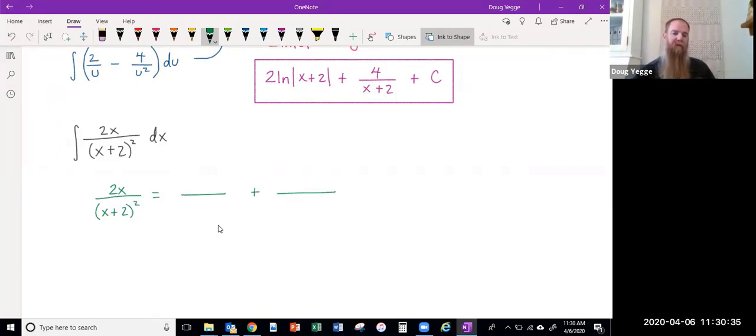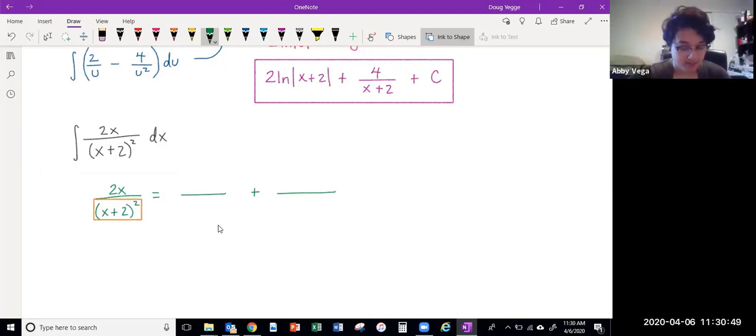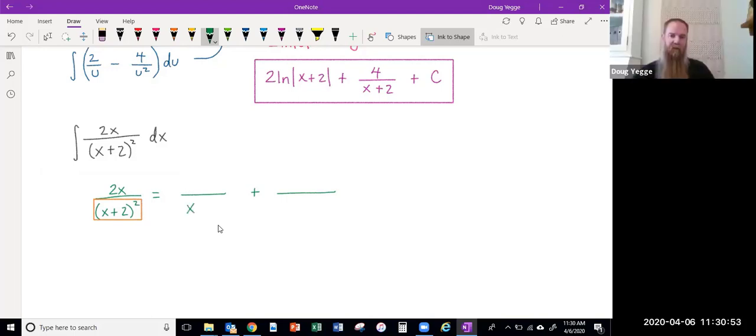So how would I add fractions together to somehow get x plus 2 quantity squared in the denominator? You could have a over x plus 2 plus b over x plus 2 quantity squared. Good. So first of all, I would have an x plus 2 as one potential denominator for this fraction.